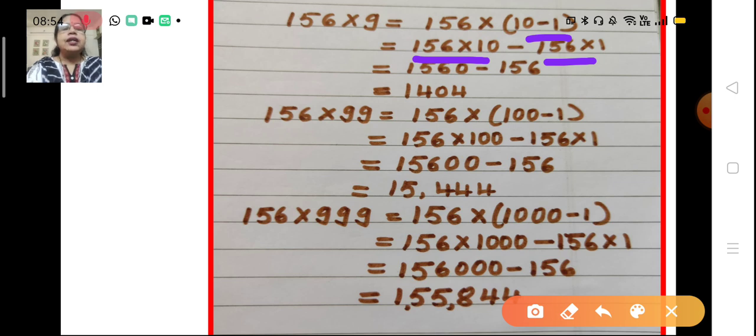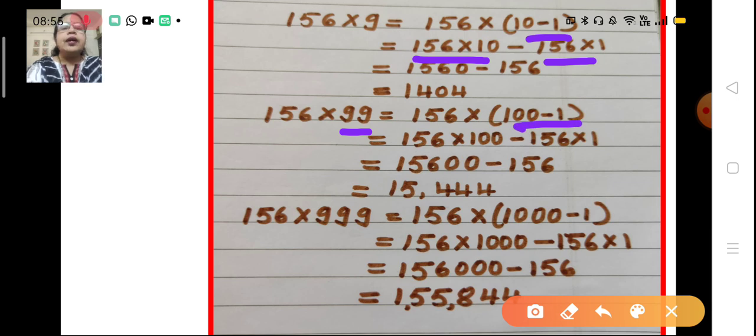So what is the result? We get 1560 minus 156, and the result we get is 1404, isn't it?